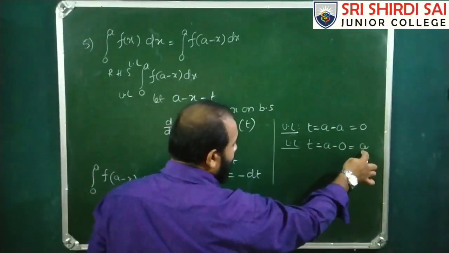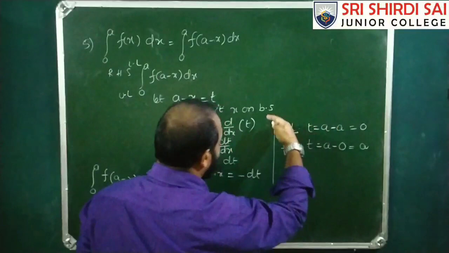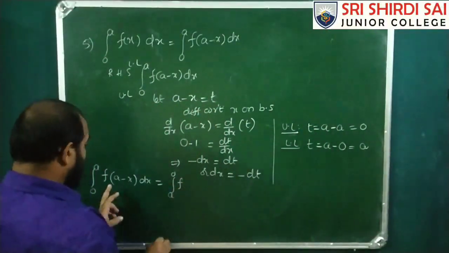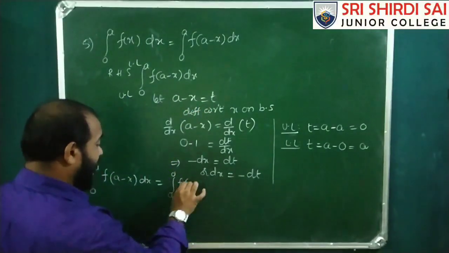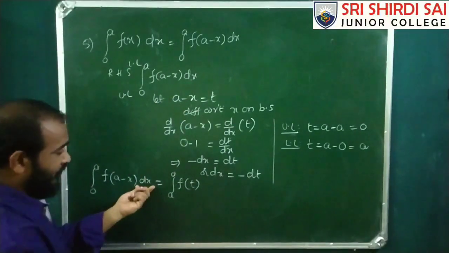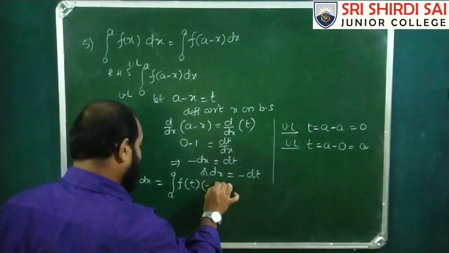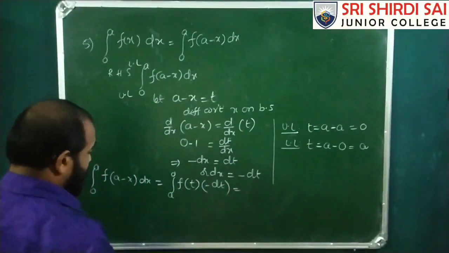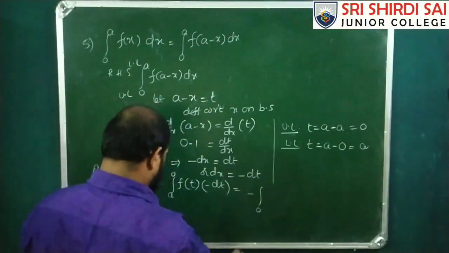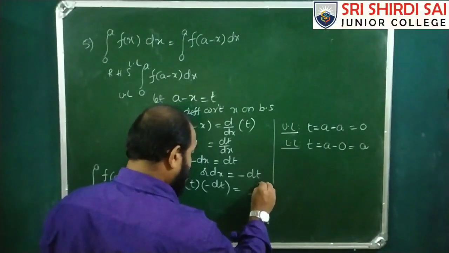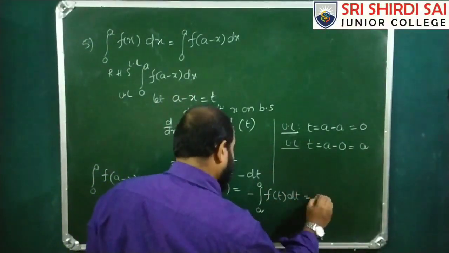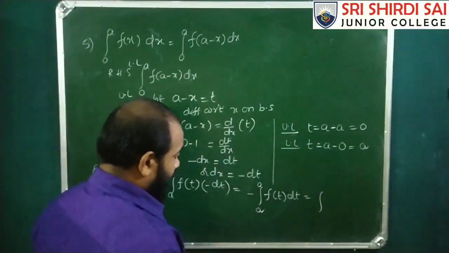So a to 0, f of a minus x is t, we have taken, into dx is equal to minus dt. This is equal to minus, if I take minus outside, a to 0 f of t dt.